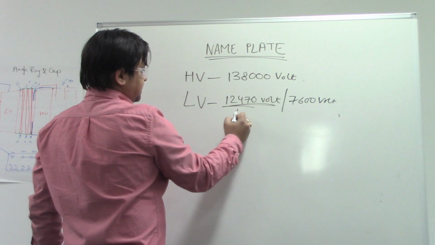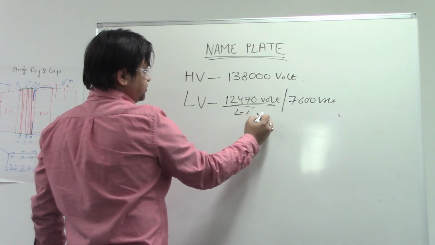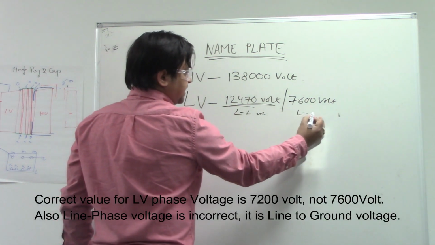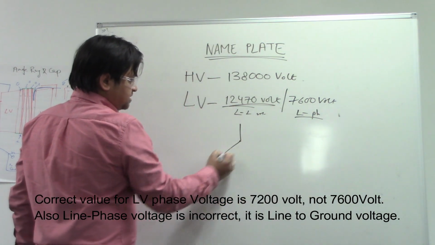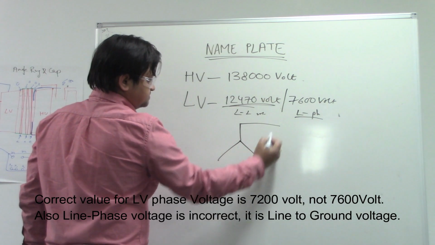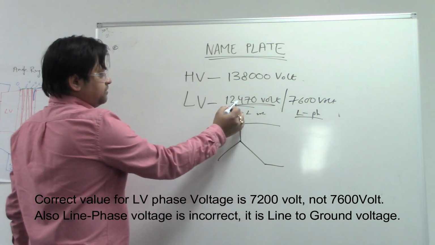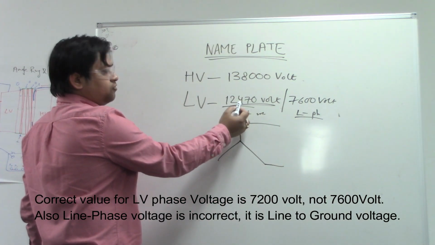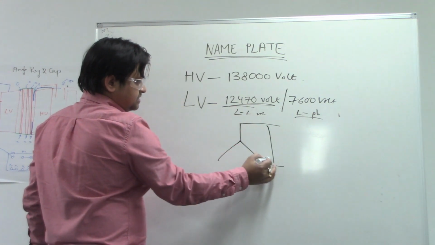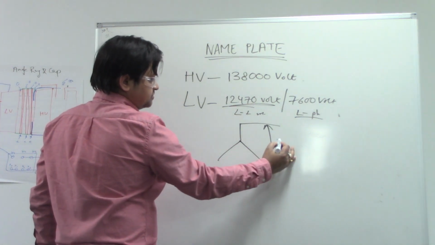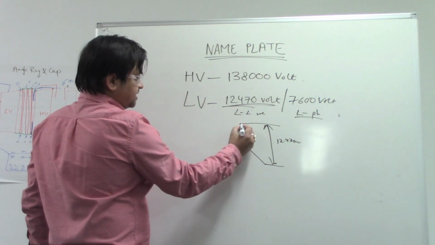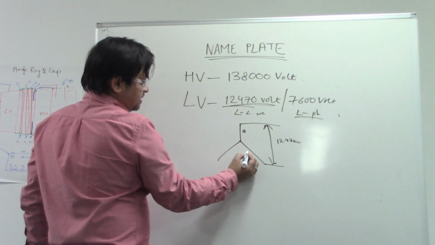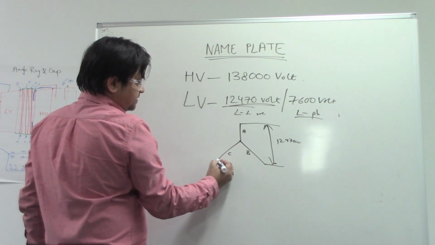This represents the line to line voltage. This represents line to phase voltage. So if you make a star winding, this 12.47 kV or 12,470 volts is this voltage, line to line. Let's say this is A phase, this is B phase, this is C phase.